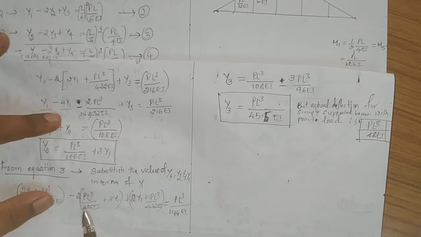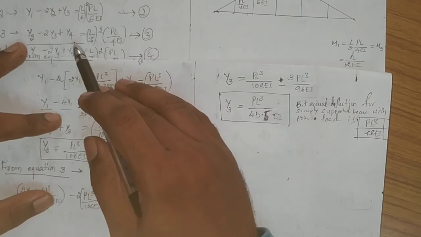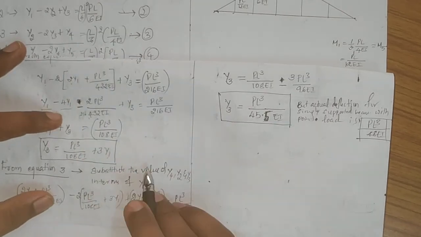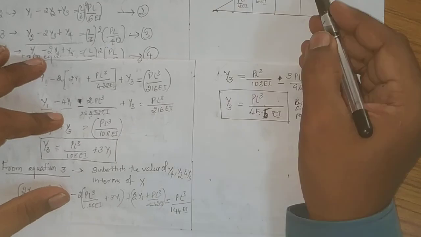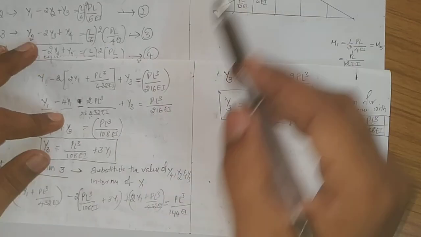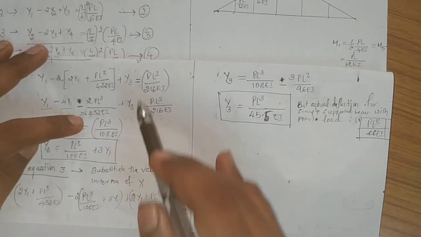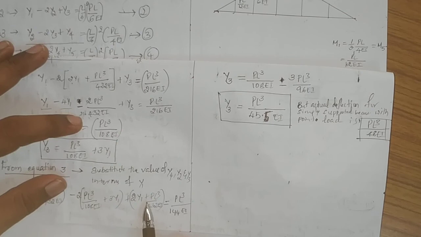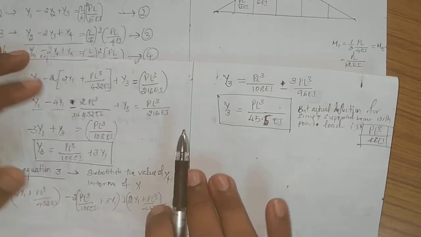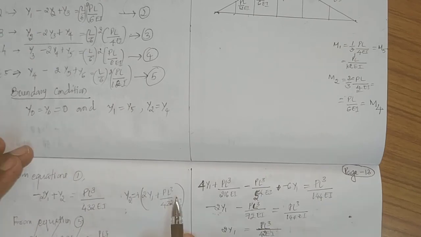You substitute the y3 value in this equation, and plus y4. What is y4? Since y4 is equal to y2, substitute the value of y2 again, which we know already is equal to 2y1 plus PL cube by 432 EI.